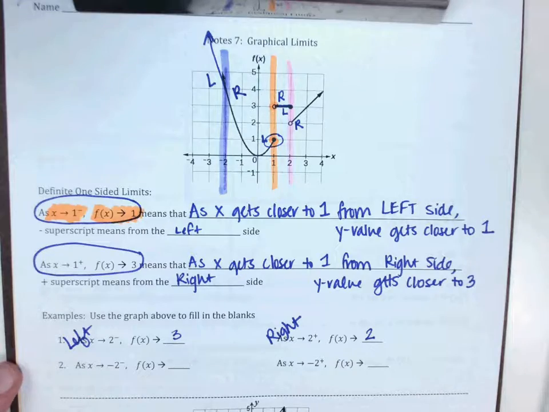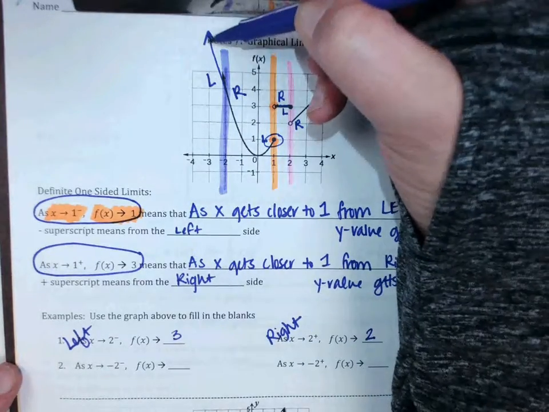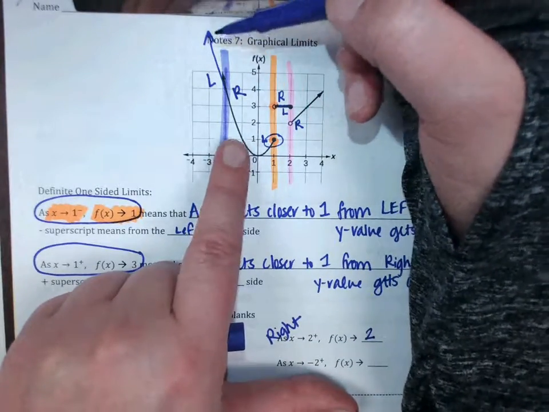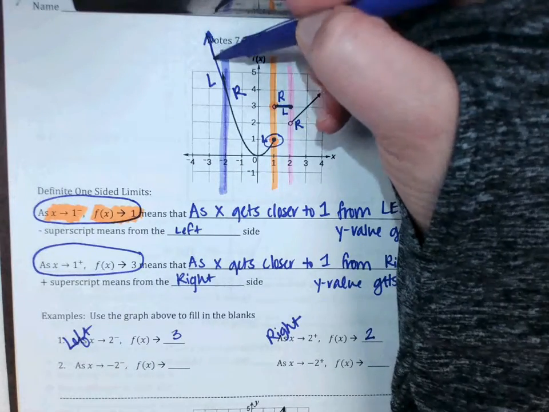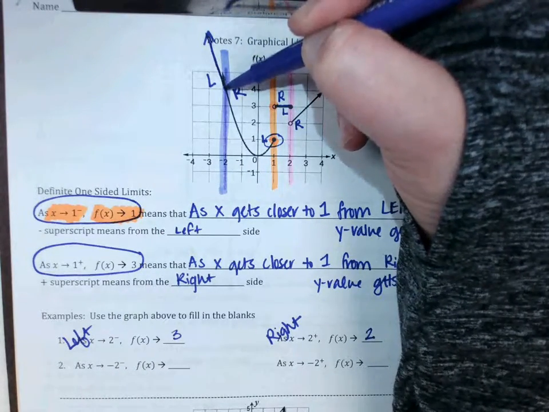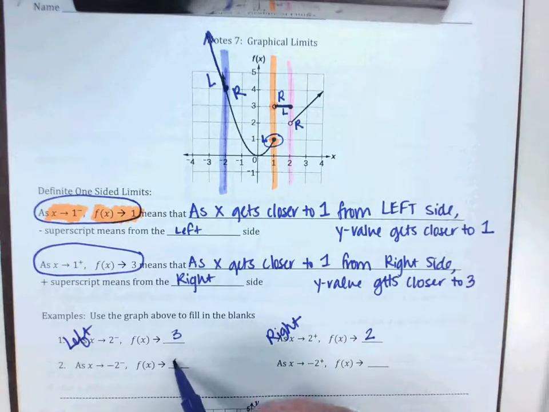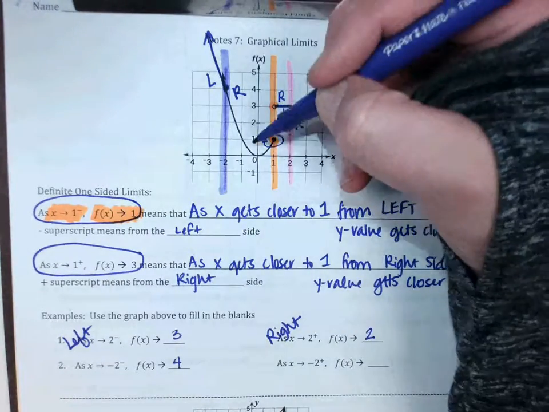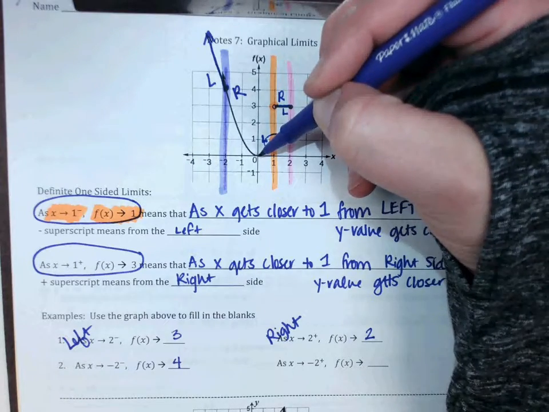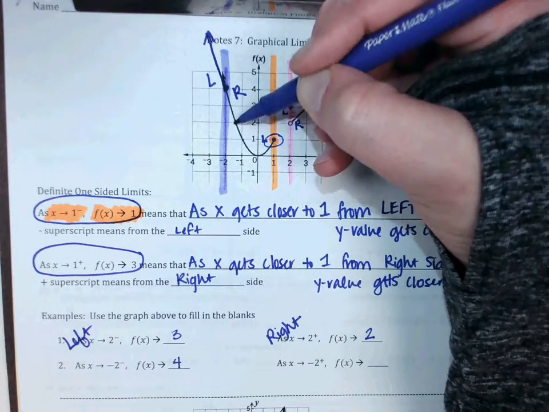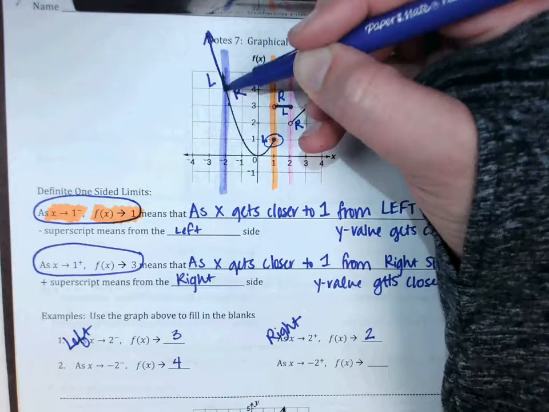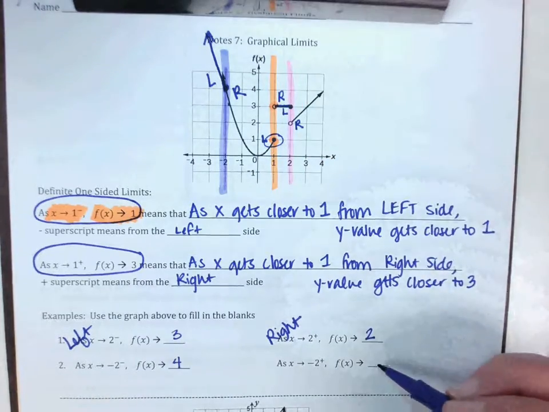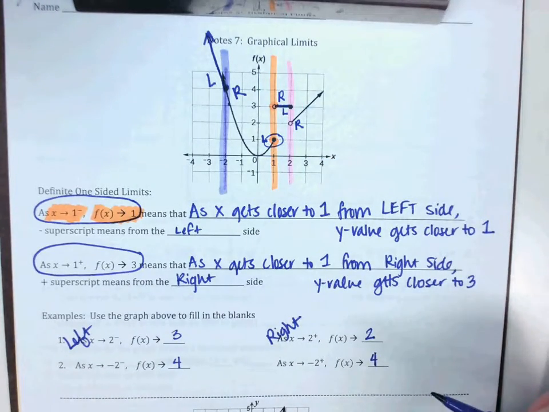Okay, now trace your graph. As I come in from the left side towards the purple line, what are my y's getting closer and closer to? 4. What about as I trace on the right side? So look, watch, I'm down here. I'm tracing closer and closer to my purple line. What is my y getting closer to? 4. Now, do you notice that sometimes they're the same, sometimes they're different?